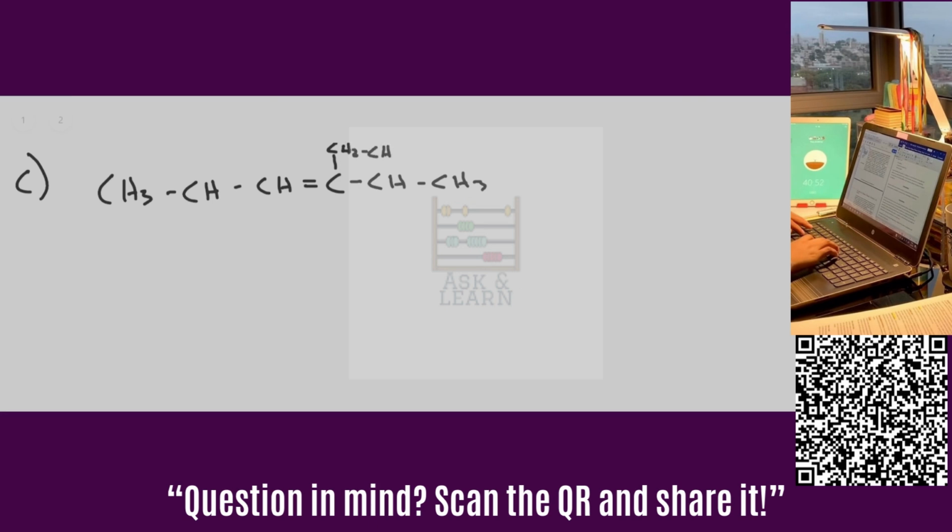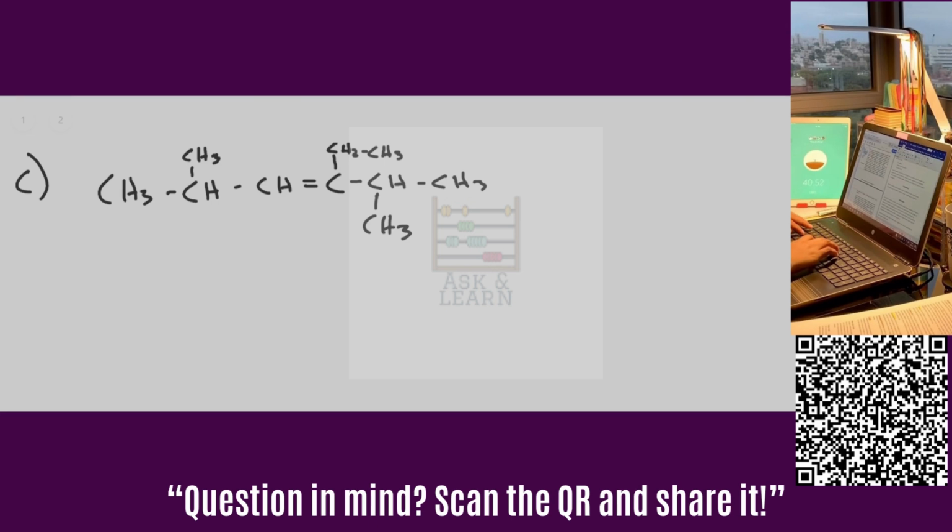And then we draw in our substituents. We have an ethyl group here. We have a methyl group here. And then we also have a methyl group here. Let's make sure this is the correct structure.